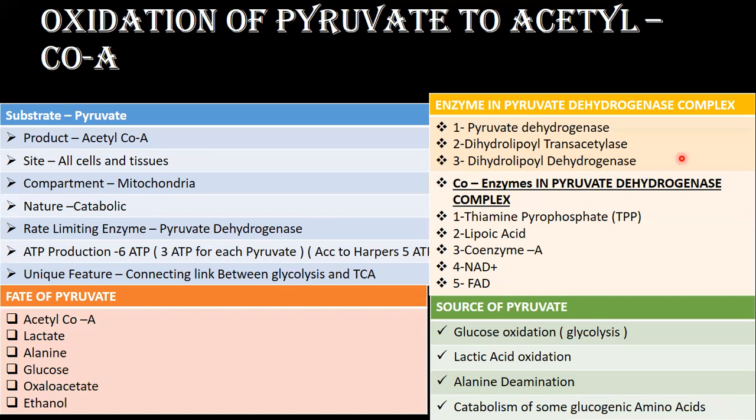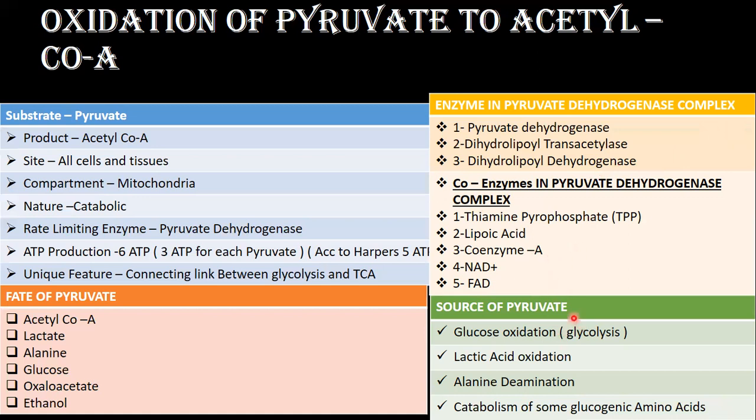What are the coenzymes which we are using here? They are thiamine pyrophosphate, that is TPP, then lipoic acid, coenzyme A, NAD, and FAD. The question comes like: name the enzymes and coenzymes in the pyruvate dehydrogenase complex. So you need to know the enzymes and all the coenzymes here.